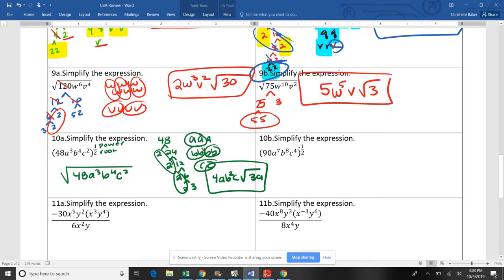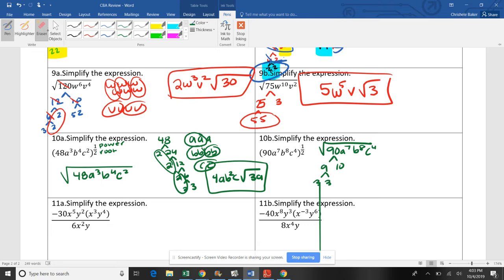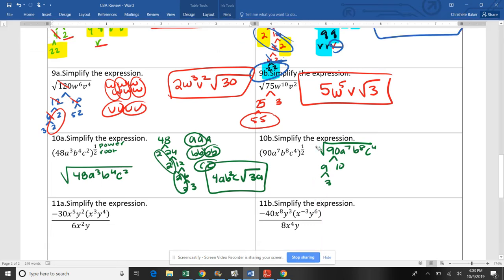Same thing over here. This is the square root of 90, A to the 7th, B to the 8th, C to the 4th. 90 is 9 times 10. 9 is 3 times 3. 10 is 5 times 2. Group, leftover, leftover.